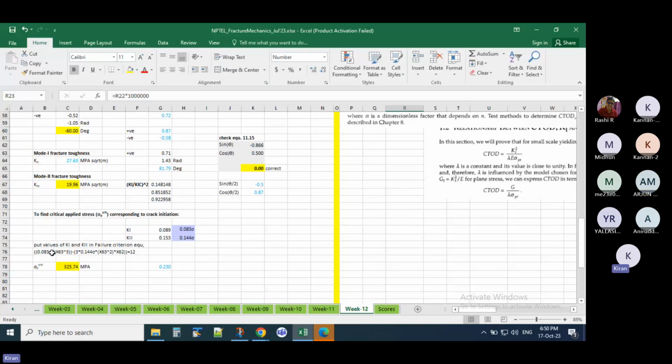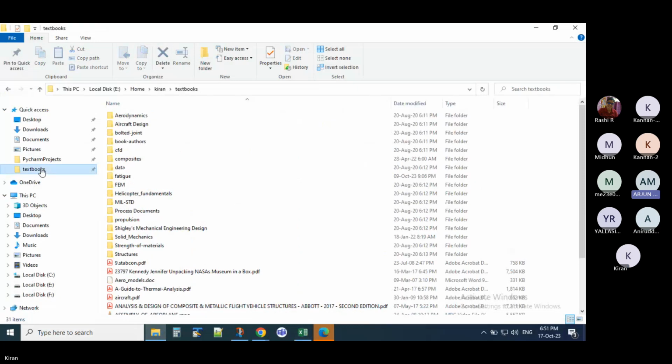Yes, correct. So sigma theta theta root 2 pi r equal to K1. So just to confirm with everyone, 1 by root 2 pi r, can we take it as 1 by root pi into a?